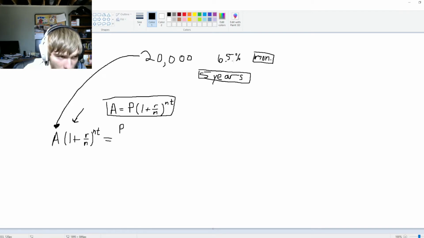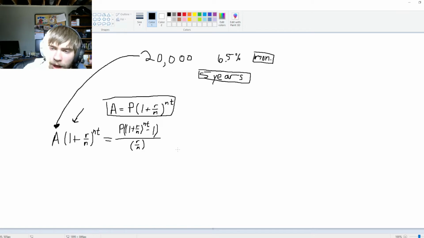So this will be the number that we're actually trying to find. And then the same thing, R over N to the NT minus 1, and there's actually another set of parentheses here I forgot, all over R over N.